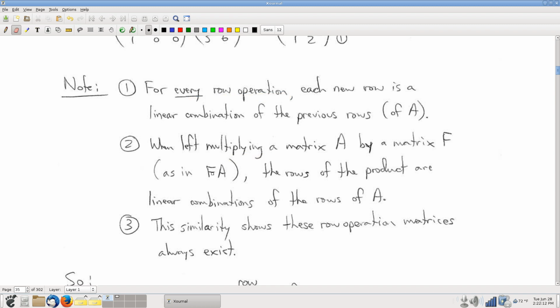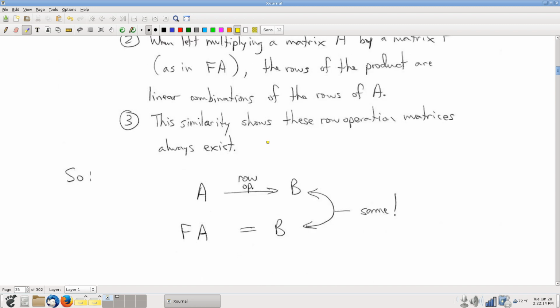Okay, so neat conclusion. Here's a sort of summary. Previously, we've thought of a row operation as a process, an action, an algorithm, however you want to call it, that you do to one matrix that then results in another matrix.